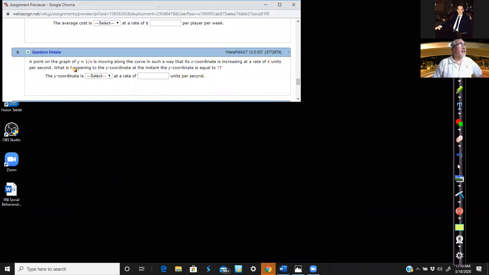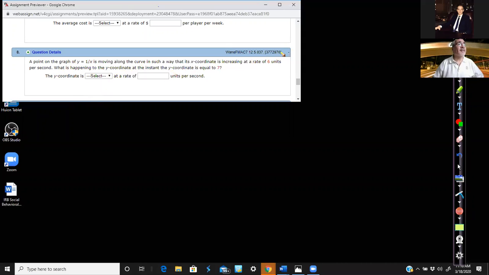Okay, so on this one, let me remember what 12.5 was: implicit differentiation, right? To come up with the rates, related rates. Okay, so what we've got is an equation that's given.